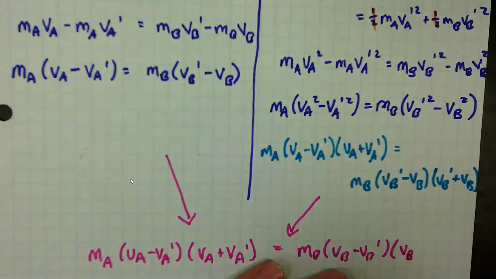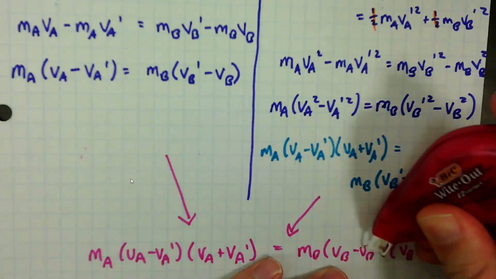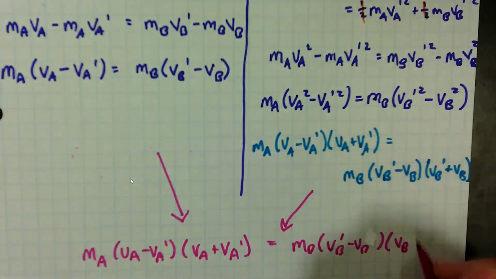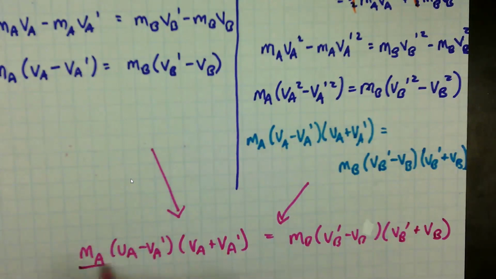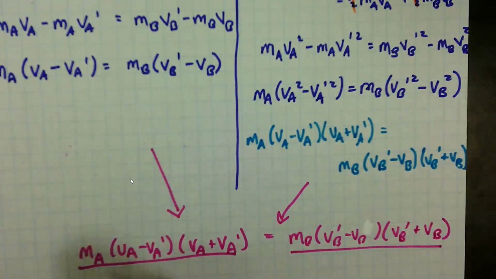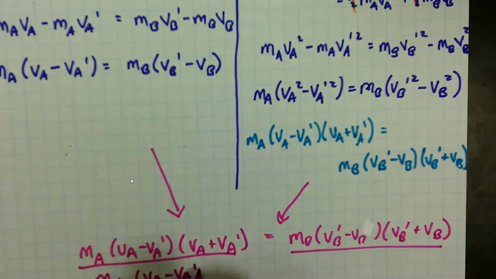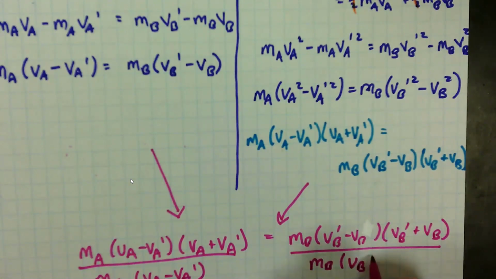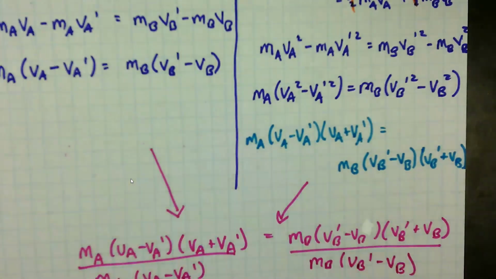This is VB prime minus VB, times VB prime plus VB. And I'm going to take that and divide it by this equation: MA VA minus VA prime equals MB VB prime minus VB.